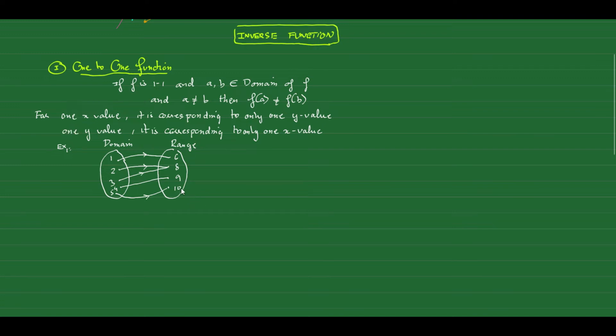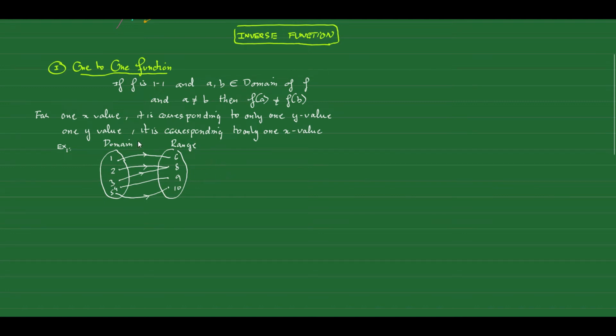But the thing over here, if you look at this, 2 is assigned to 8 and 3 is also assigned to 8. So it contradicts this, because for each input only one y is assigned, but for y it corresponds to only one x, but the y over here corresponds to 2 and 3.